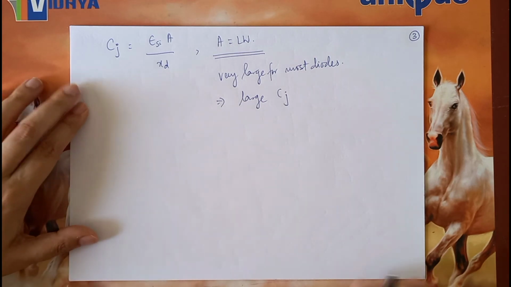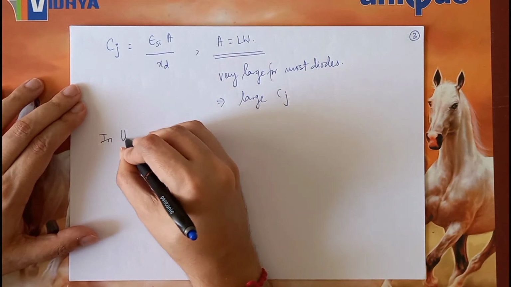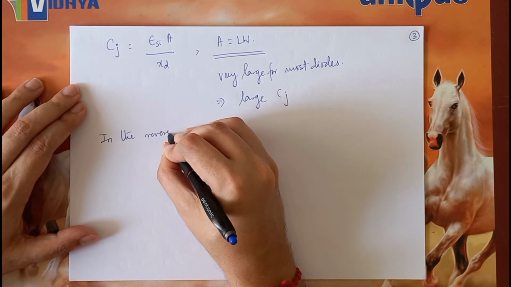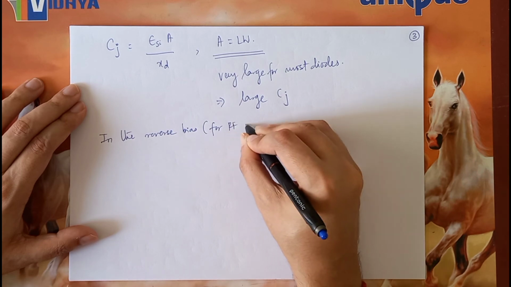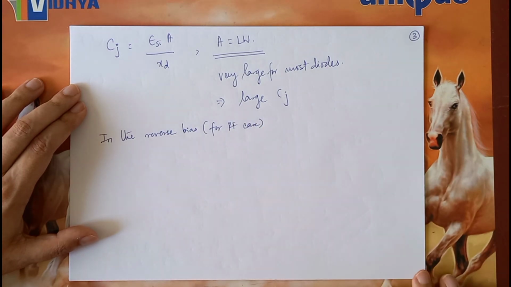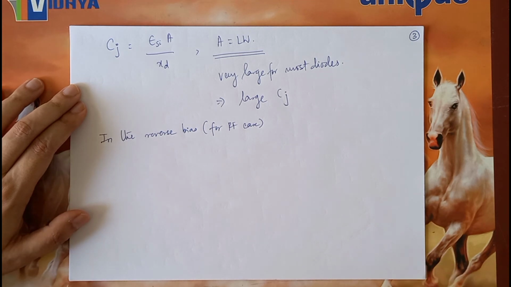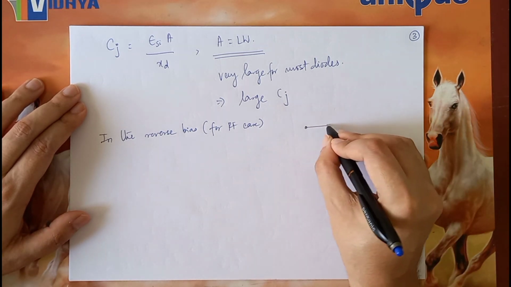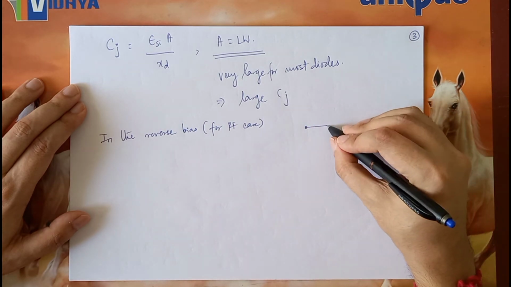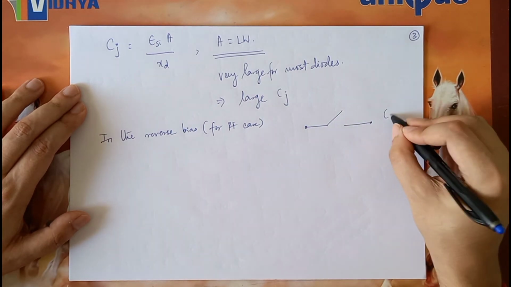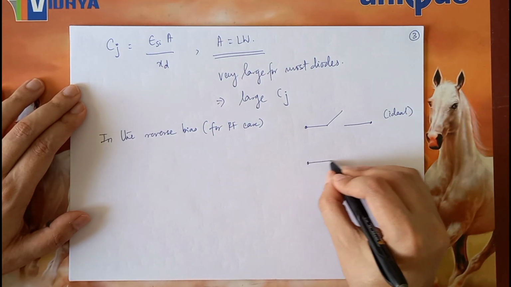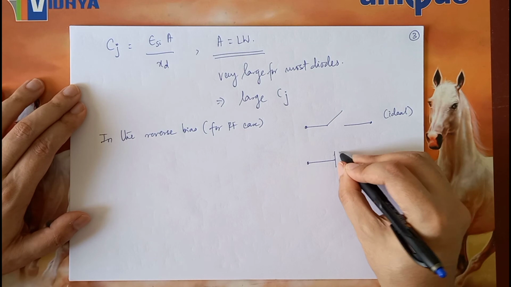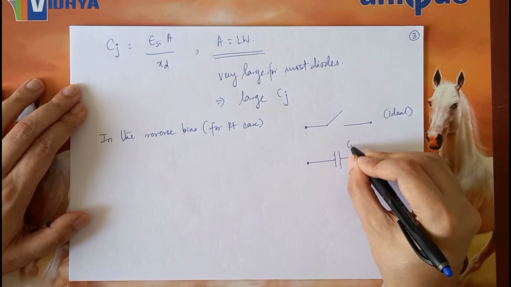Now in the reverse bias, if I have an RF signal, essentially what is happening is that an ideal diode looks like an open switch, but a practical diode would look like a capacitor of value Cj.